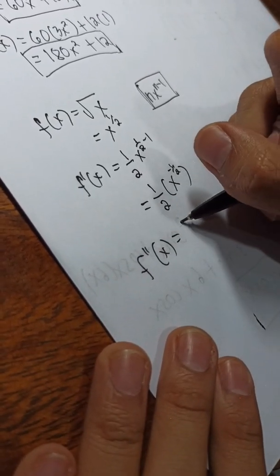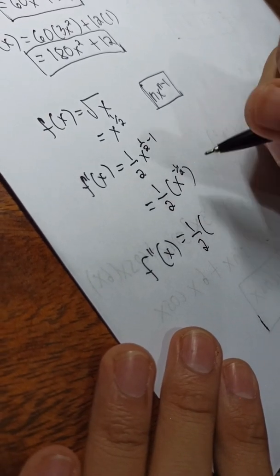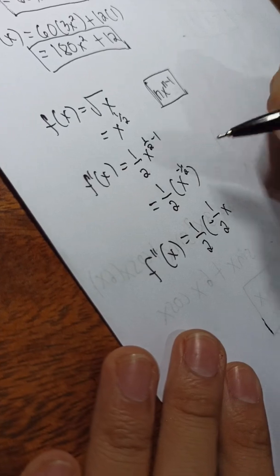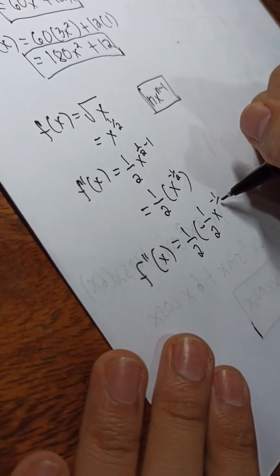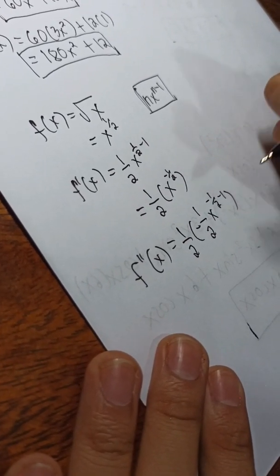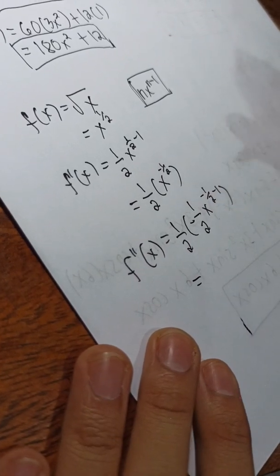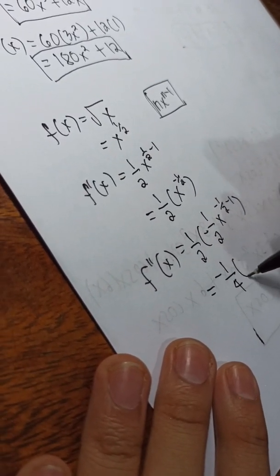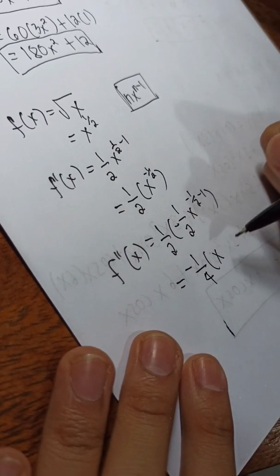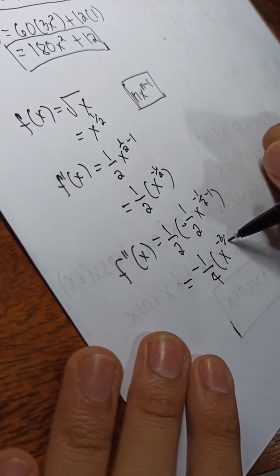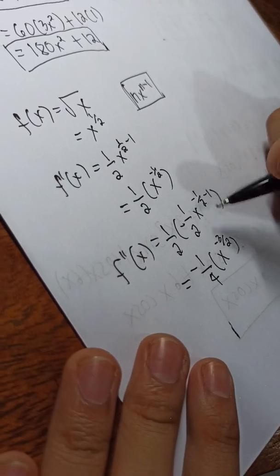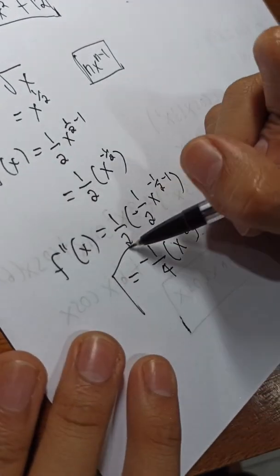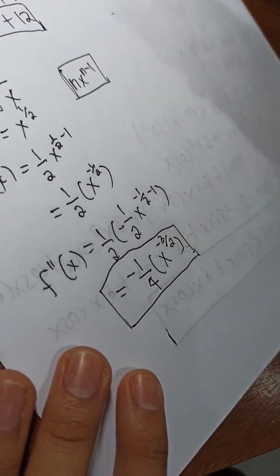So this will be 1/2 multiplied by negative 1/2 x raised to negative 1/2 minus 1. This will equal negative 1/4 x raised to negative 3 over 2, because we subtracted 1 from negative 1/2. So this will be our second derivative.